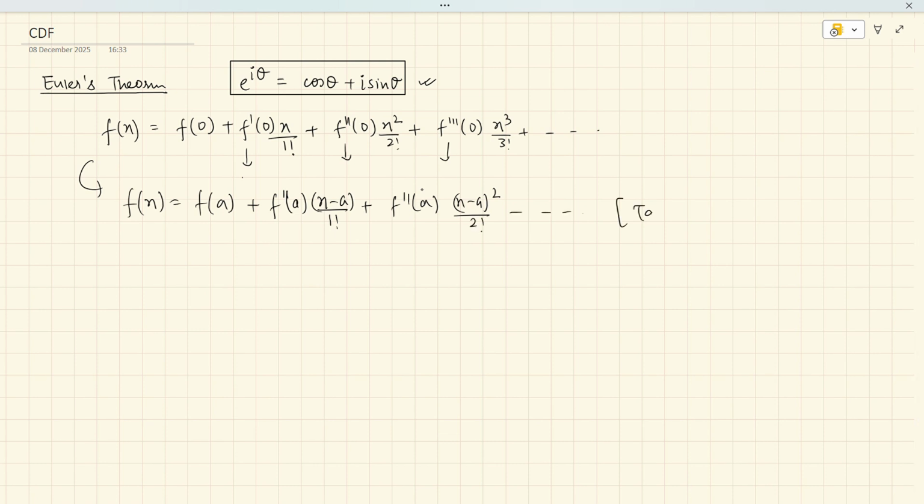This is called the Taylor series, and if you put a equal to 0 over here, you get the Maclaurin series. We can also use this Taylor theorem to solve problems in SHM, and it can be used in various fields of science.